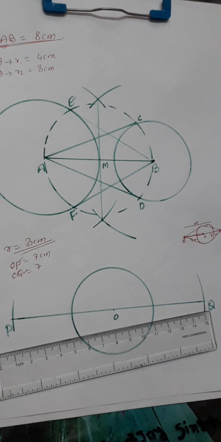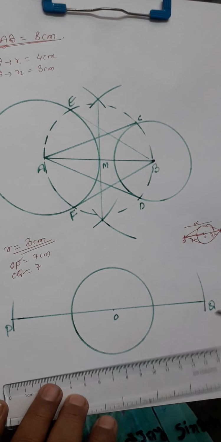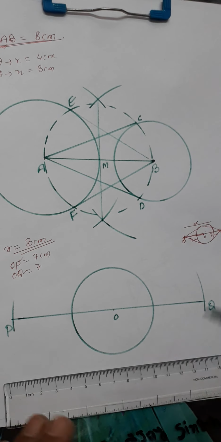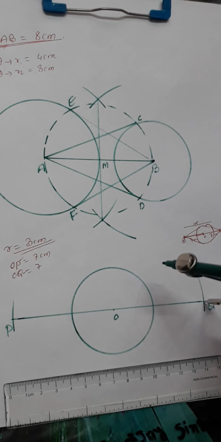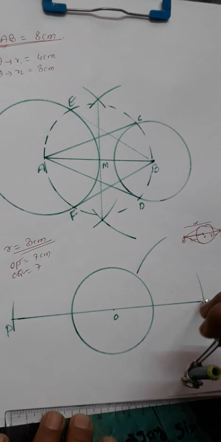Now we have to draw tangents from these 2 points P and Q to the given circle. First of all, we will draw the perpendicular bisectors of OP and OQ. Let us start from here.